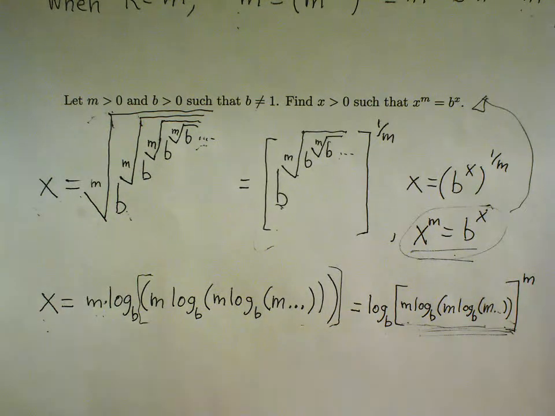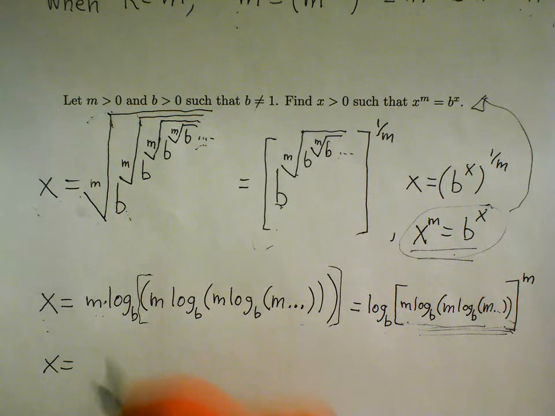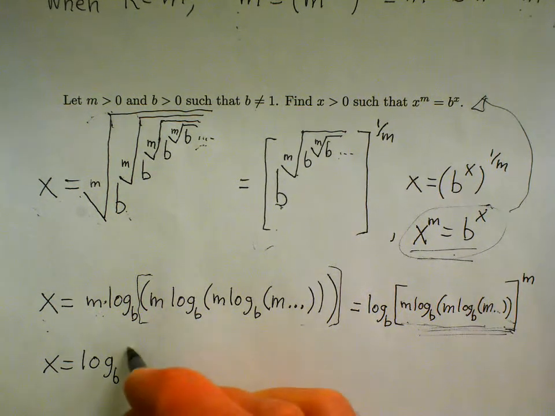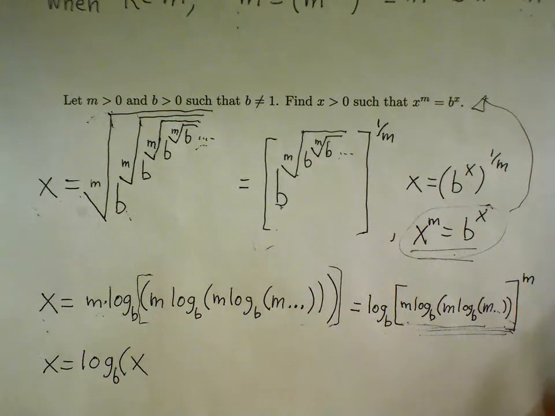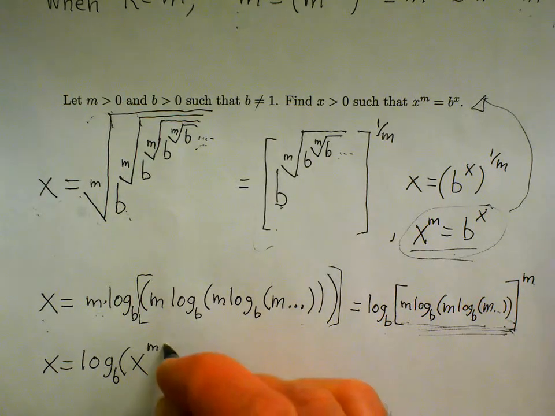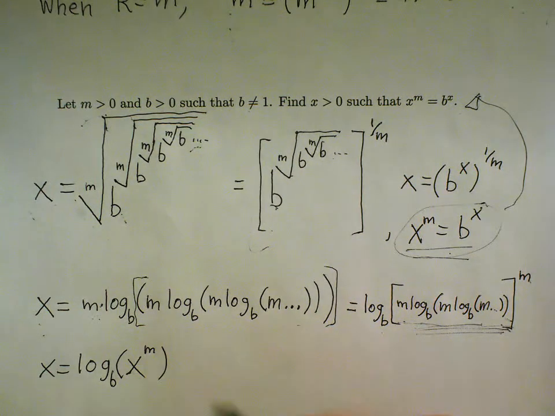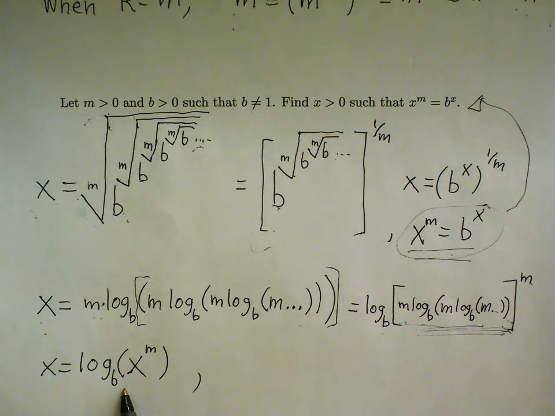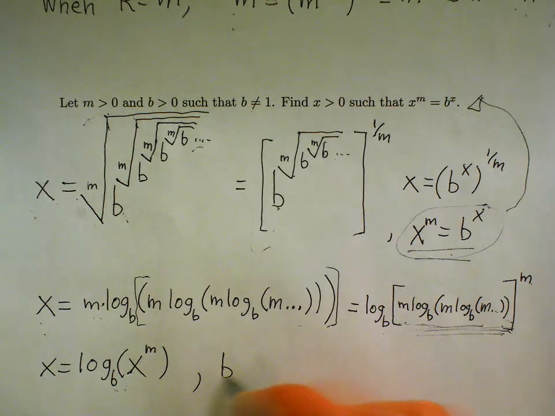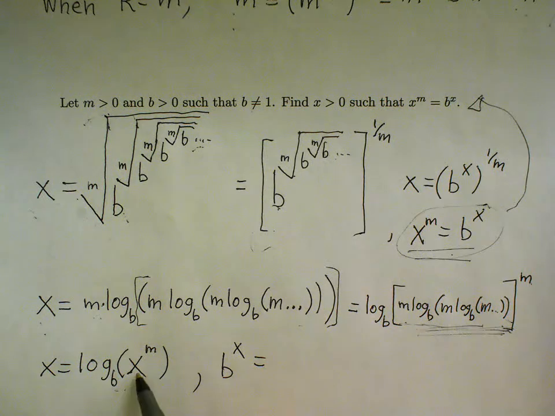So in the next step, I'll just write x is equal to log base b of x to the m. And then using properties or the definition of the logarithm, b raised to the power x is equal to x to the m.